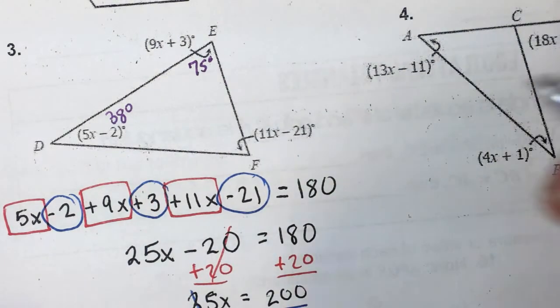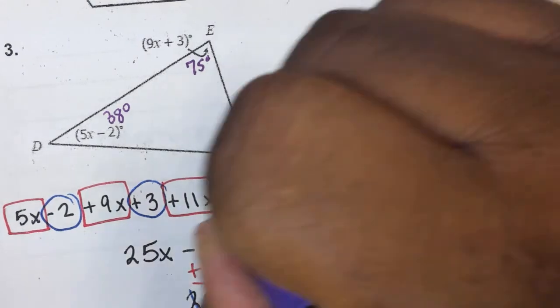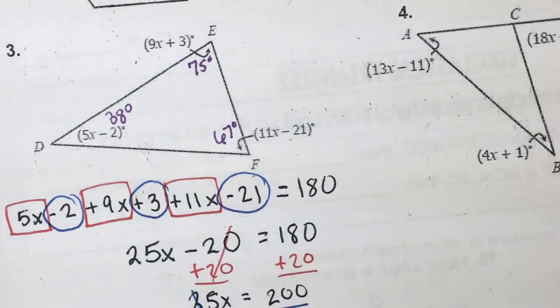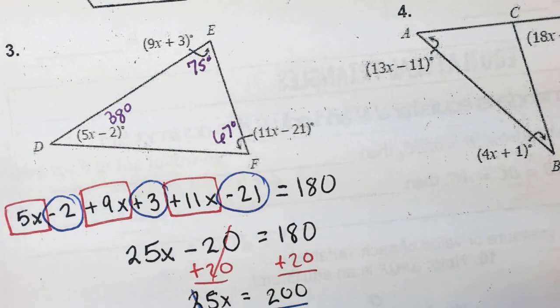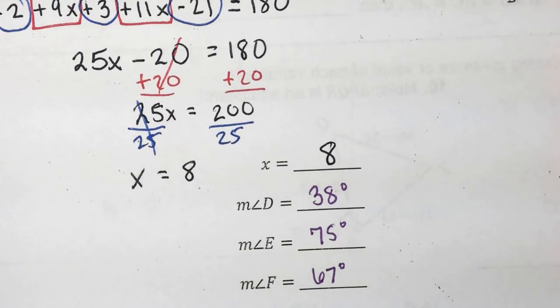And then F, 11 times 8, 88, minus 21, 67. 67 degrees. And that answers your question, Jalen. E and F are not congruent. Sometimes they look close, but the numbers aren't too far off.